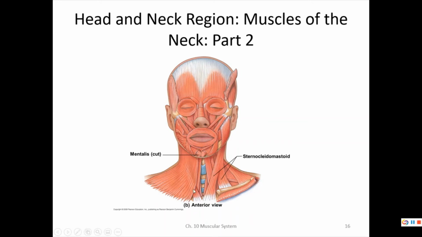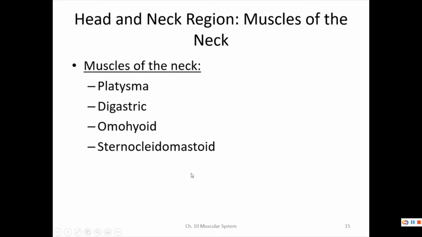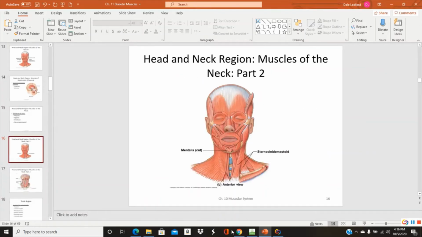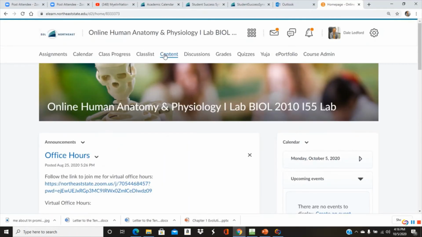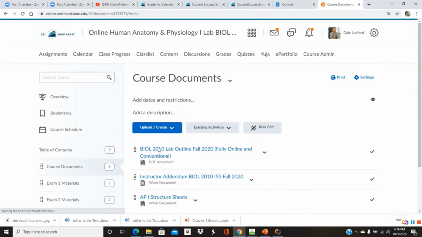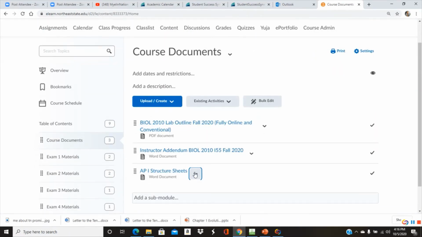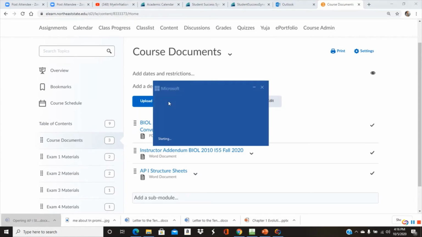Platy means flat. Now, it's not labeled, and part of me wants to say that our course removed it, that our structure sheets removed platysma and I forgot to remove it from my notes.